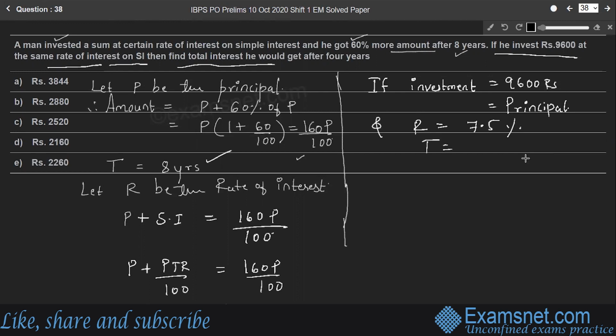Time period is 4 years. Therefore, interest is nothing but simple interest, PTR by 100.